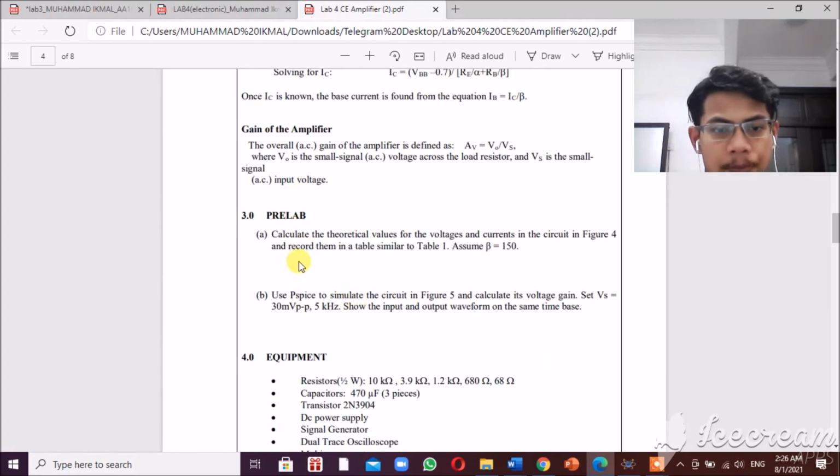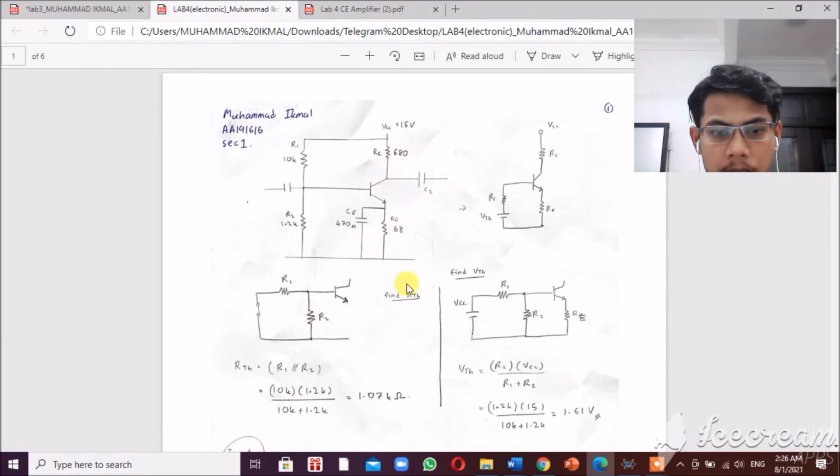For the prelab, calculate the theoretical values for the voltage and current in the circuit in figure 4 and record them in a table similar to table 1. Assume beta equal to 150. So this is my calculation.